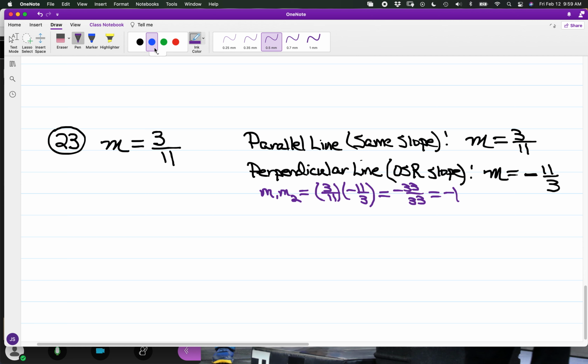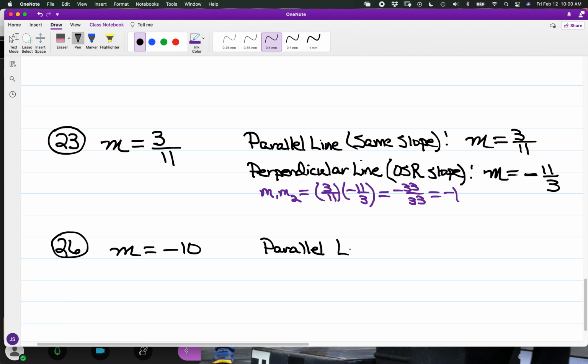All right. And for number 26, you have that the slope is equal to -10. And for the parallel line, you have the same slope, so m is equal to -10.